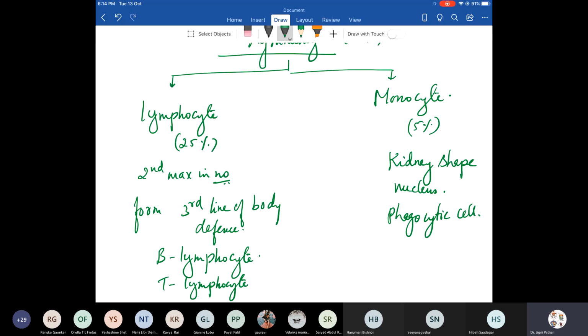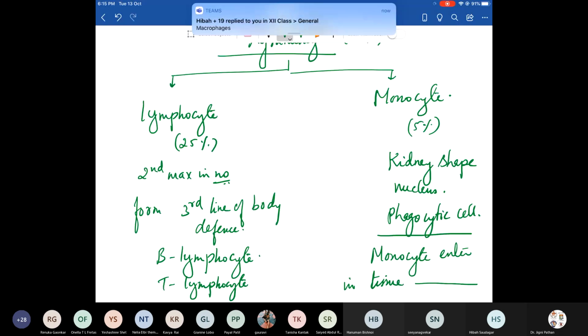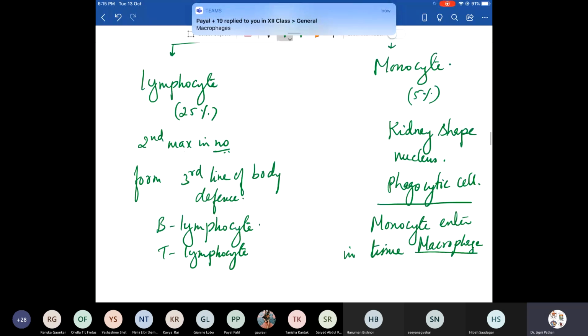So now, whenever monocytes enter into tissue, what do they become? Very good. They become macrophage, right?